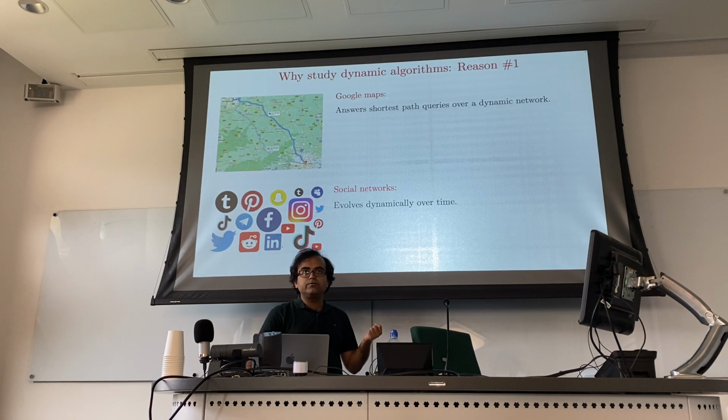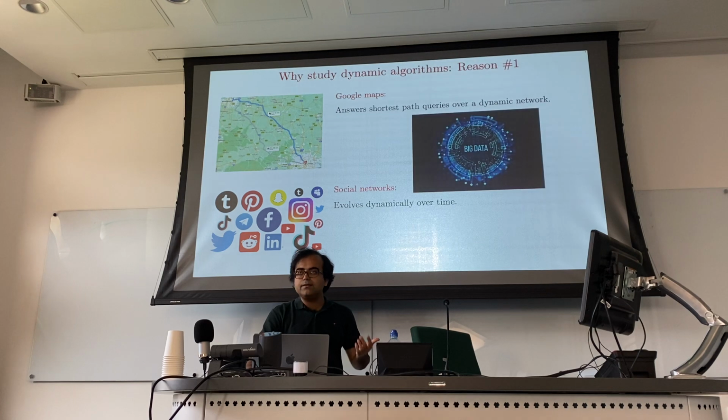Similarly, if you want to do some computation on your favorite social network, the network keeps changing with time, and what you are asking for essentially is a dynamic algorithm. This is true in general for any big data application, because the underlying input data is so huge that you cannot afford to run a static algorithm from scratch after every small change to the input.